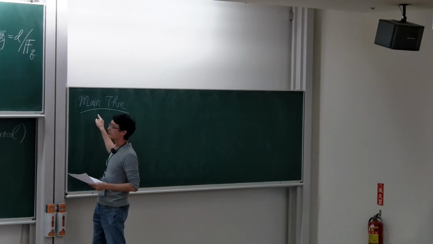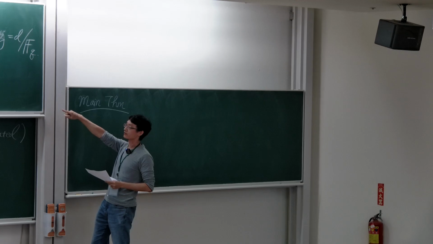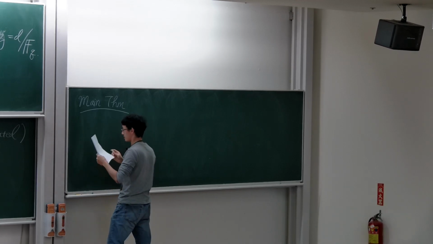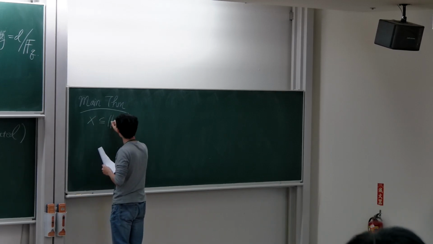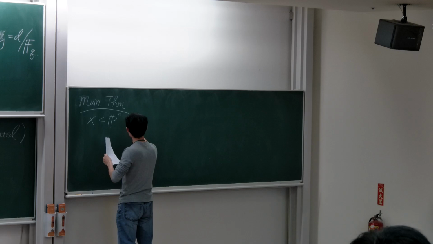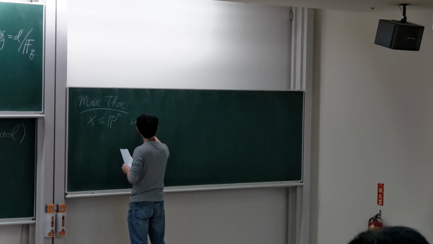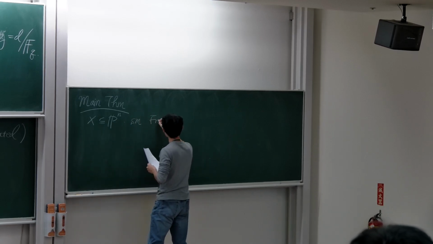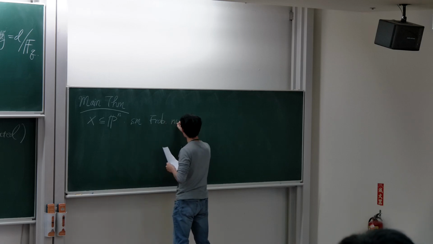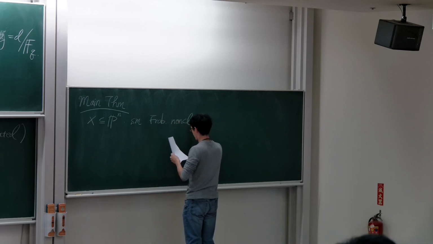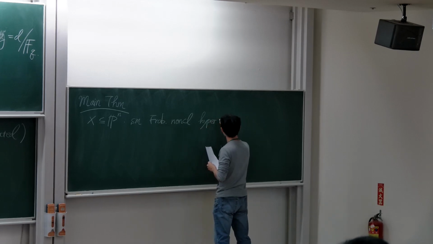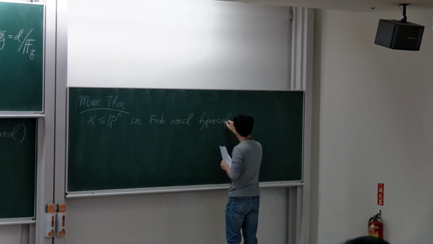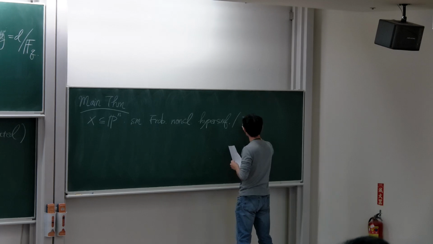So our main theorem is some kind of extension of Hefez-Voloch's result to higher dimension. So suppose we have, again, some smooth Frobenius non-classical hypersurface over F_q.